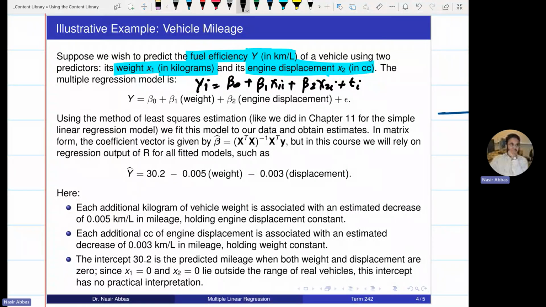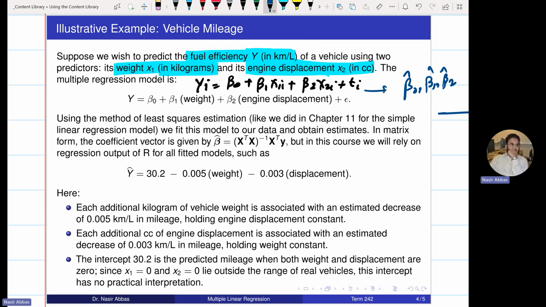This is the unknown population regression model. Now you will use the least square estimation. You will put the data into the least square estimator. The data will be processed by the least square estimation, and it will give you beta naught hat, beta 1 hat, and beta 2 hat, right?